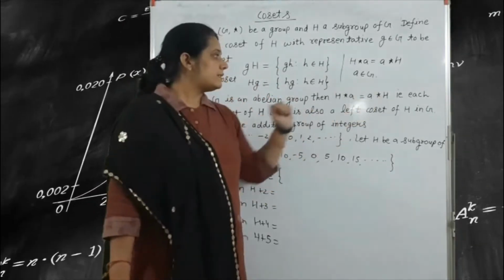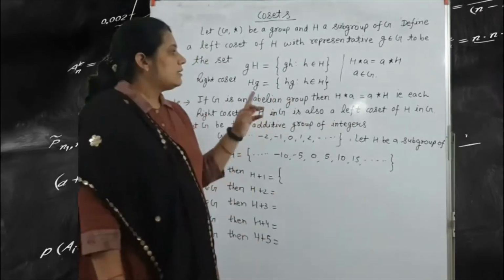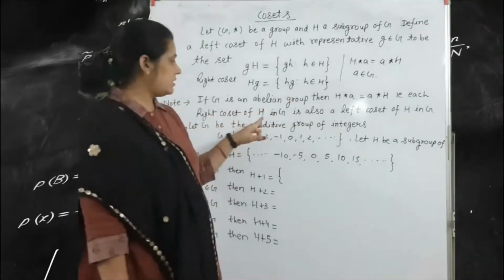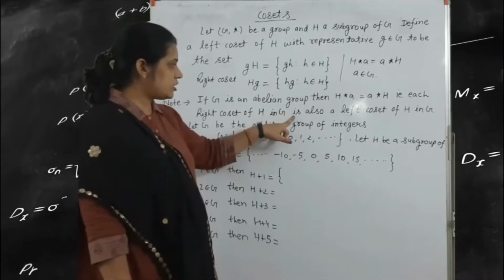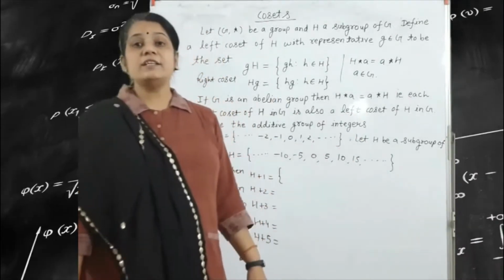The meaning of H star a equal to a star H is that each right coset of H in G is also a left coset of H in G.